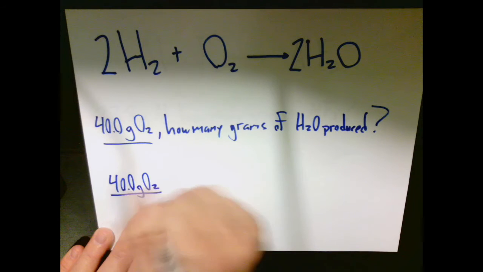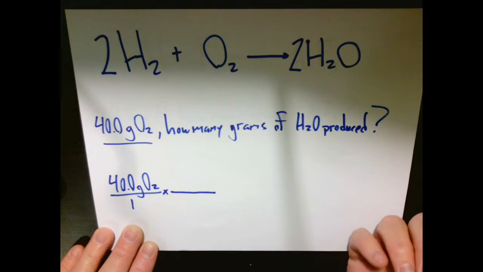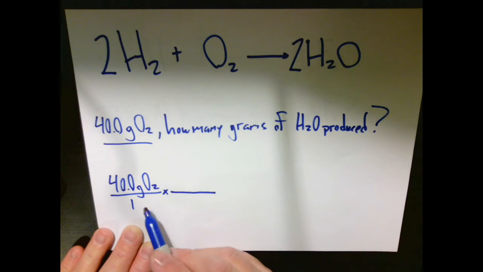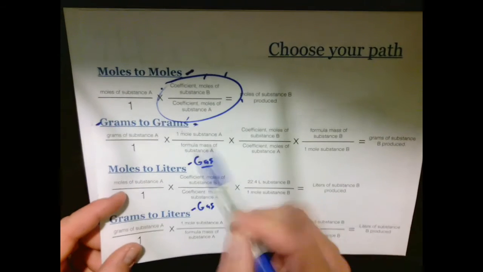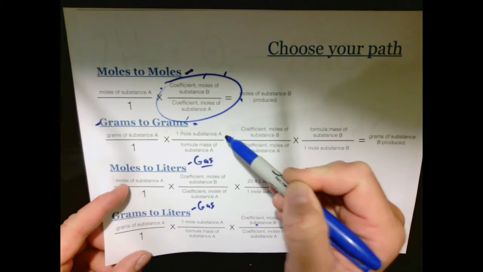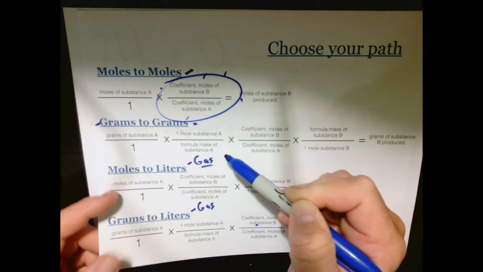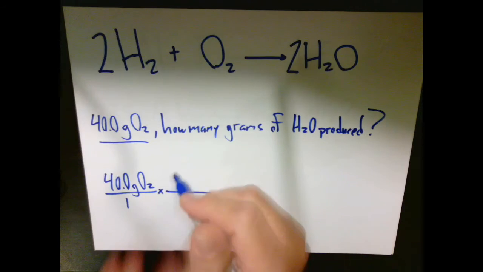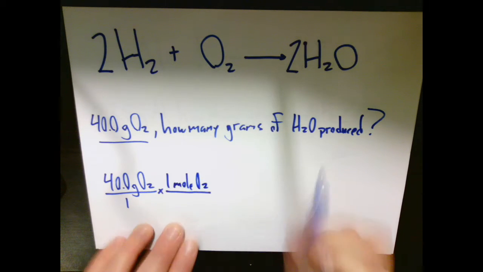So I'm going to put that over 1. Now, the next fraction, basically here, I want to cancel out grams of oxygen and go to moles. Okay? So you can see here in the next fraction, 1 mole in the numerator, formula mass in the denominator. Okay? So I'm going to put 1 mole of O2 in the numerator.